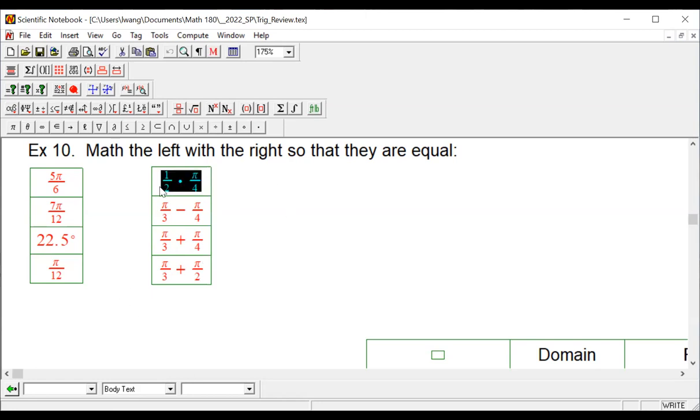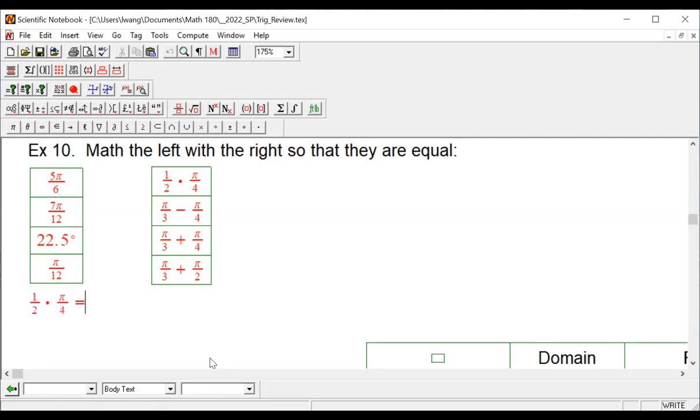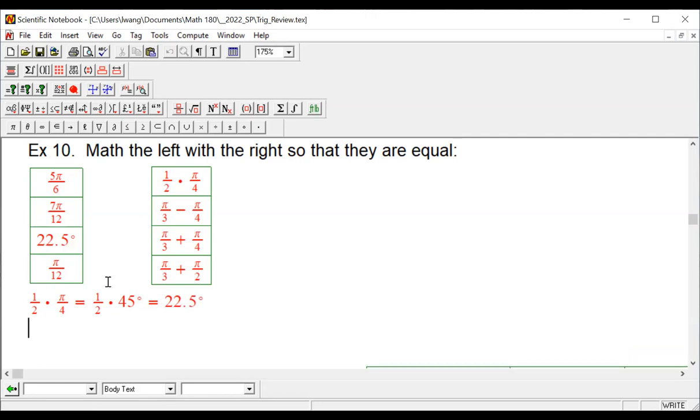Starting from the first one, there's a half here, and pi over 4 is 45 degrees, so this is going to be 22.5 degrees. So these two match. What else? 5 pi over 6. How about we work out these fractions? So this first one is done.